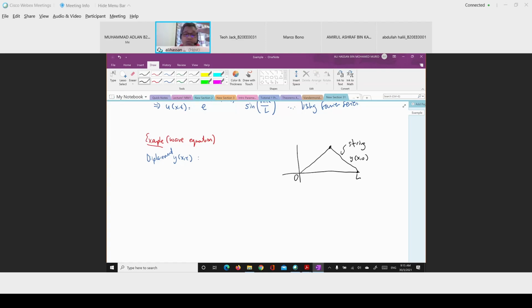So how to determine the shape of the string at any particular time, at any particular point along this L? It can be shown that it satisfies this partial differential equation here.